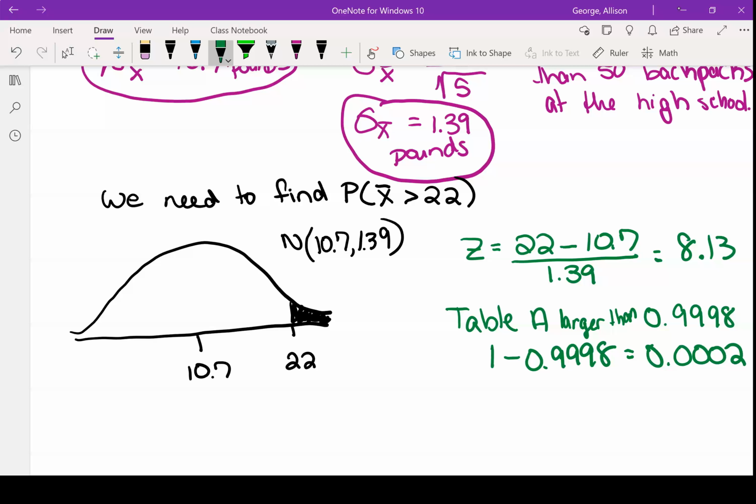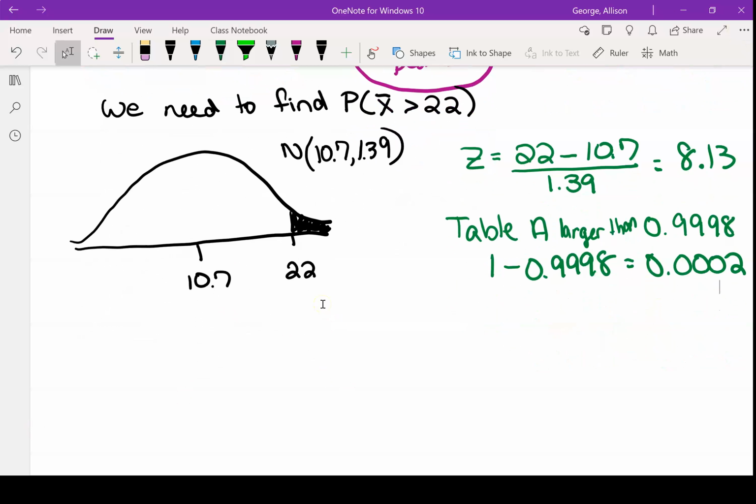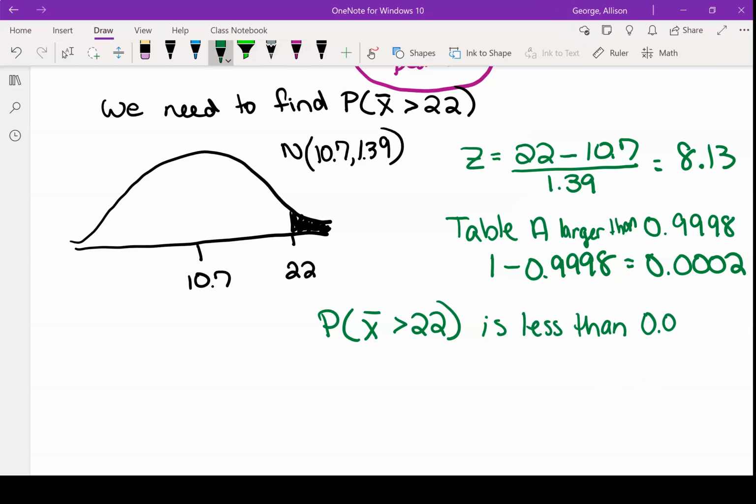But what we can do is write what we know. So we know that the probability that x bar is greater than 22 is less than 0.0002, which is extremely unlikely.